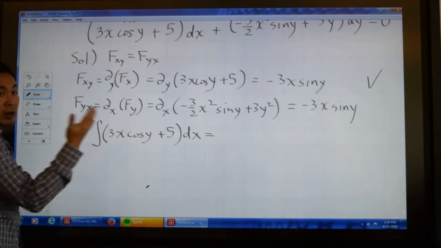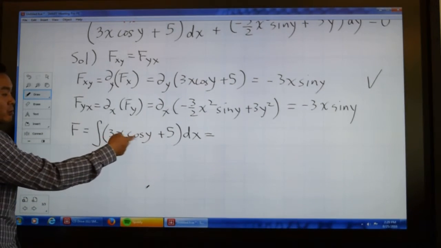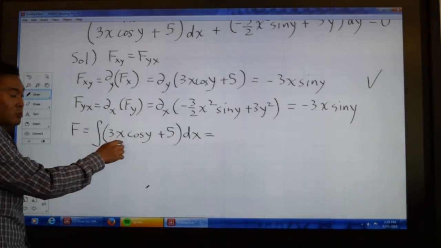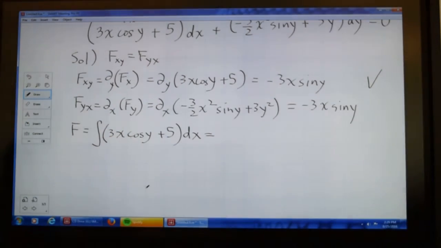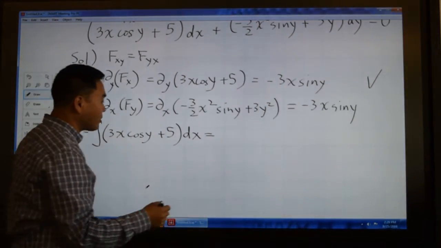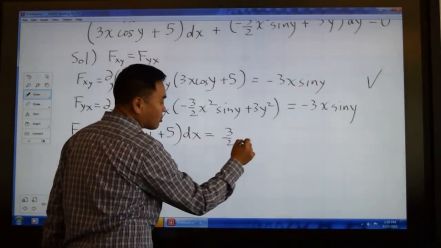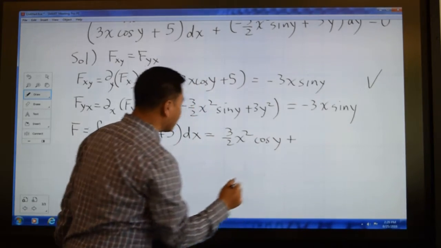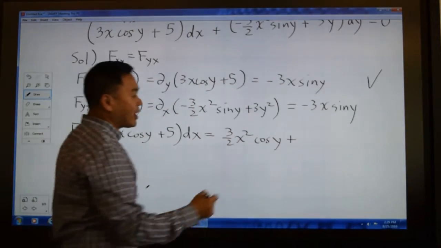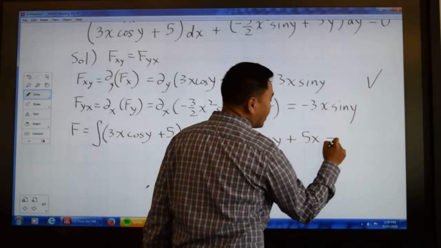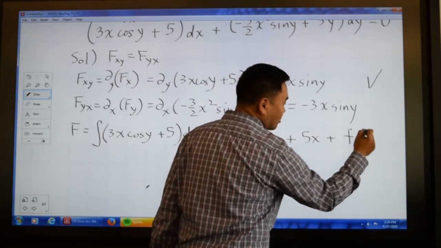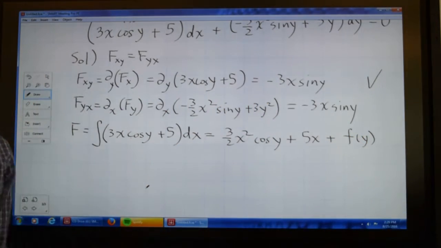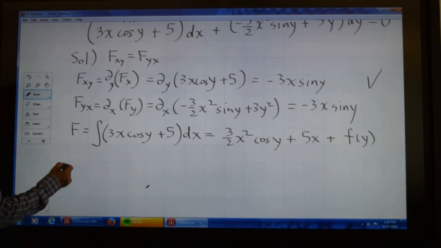Once again, cosine y is considered as a constant, so when you integrate this, the only thing that you have to focus on is x. Integrating x gives you 1/2 x squared, so it's 3 over 2x squared cosine y plus 5 if you integrate is 5x. And then it could possibly have a function of y because we're integrating by dx.